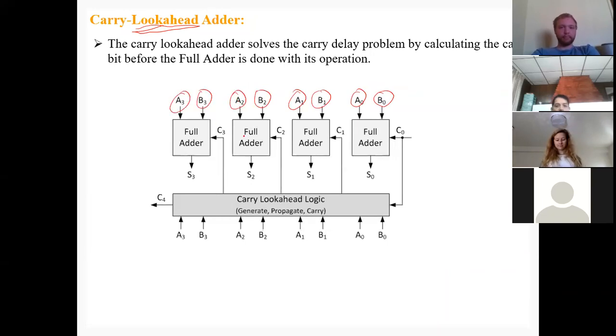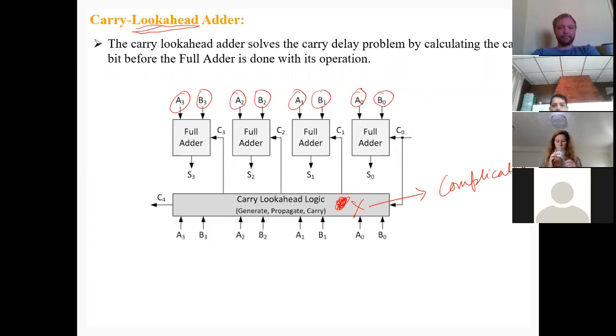But also at the same time, we have the carry ready to go. We don't care how complicated this system is. We don't worry about this guy. It might be so complicated, but we don't worry about it. What we worry about is, I just need the carry from here right away.